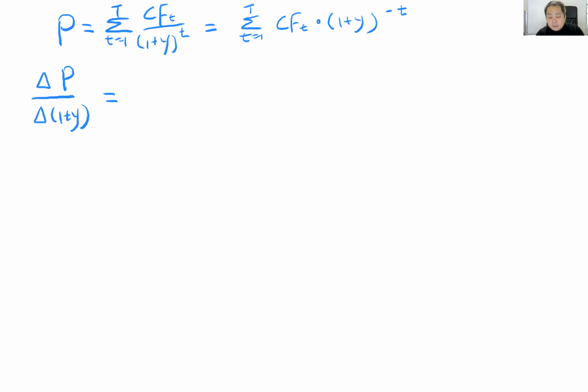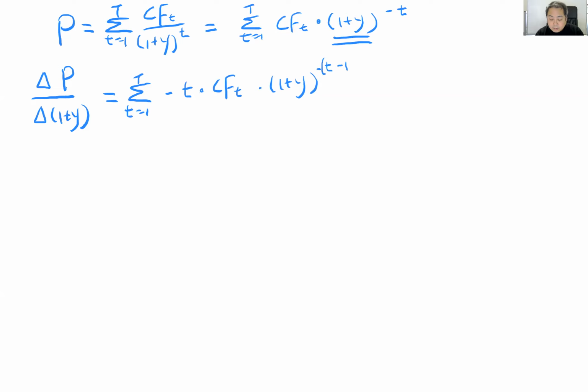We take the derivative with respect to 1 plus y. So what we have is the sum of negative t times cash flow t times (1 plus y) to the negative t minus 1.